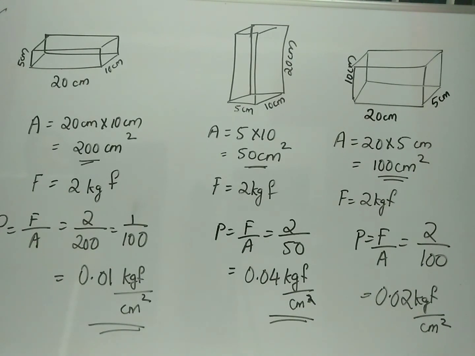Find the pressure exerted by the brick in each case. So here length, breadth and height are given. That means volume is given. But for finding pressure, we need to see only the portion of the brick which is in contact with the ground.